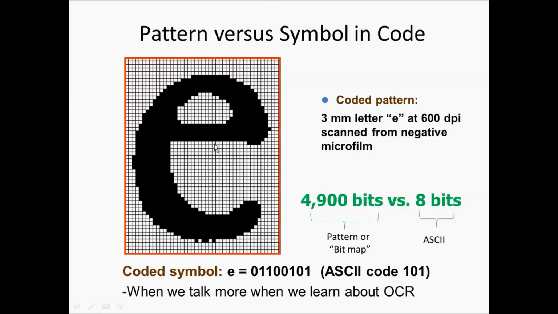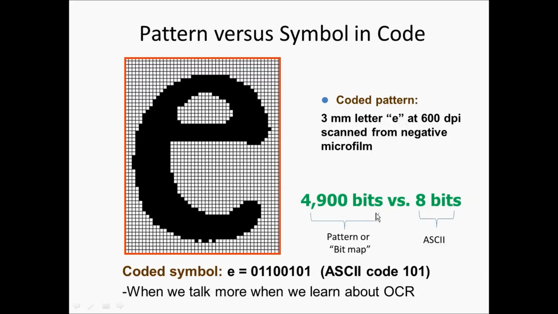Versus a bitmap, this is an image of the letter E. So this is, you could say, a scanned image from microfilm or from a photo. This is what happens when you use a bitmap and how much computing power it requires to represent that image in pixels. So here we have the letter E as ASCII text. On the other hand, that's 8 bits.